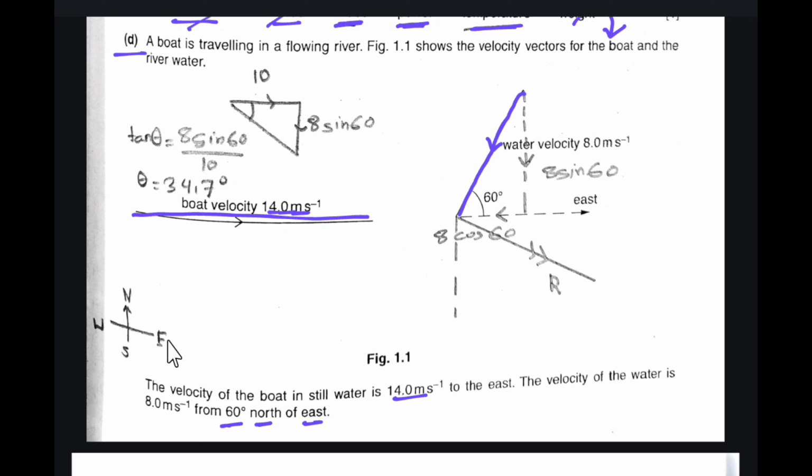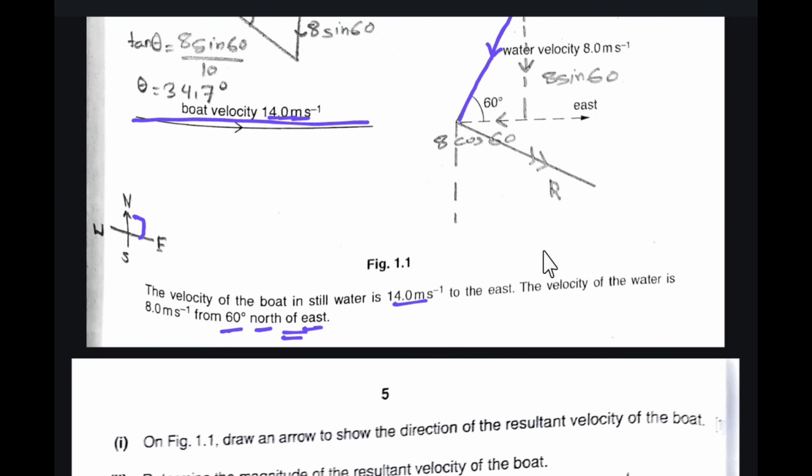So this is north, south, east, west, and since it is north of east, we have to measure the angle from the east, that is, from east the angle is 60 degrees. Now in part 1, on Figure 1.1, draw an arrow to show the direction of the resultant velocity of the boat.